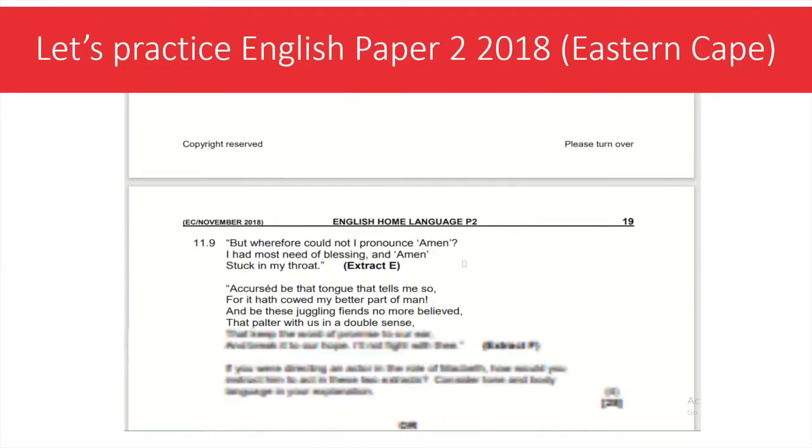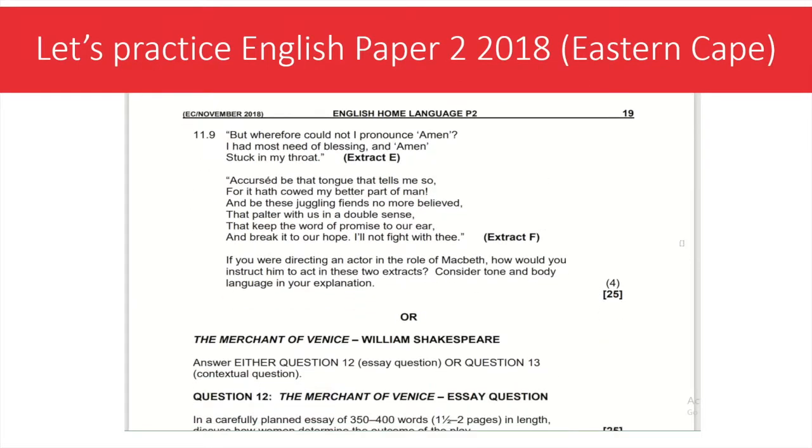Let's look at 11.9, our last question over here, and a 4-mark question. So we have an extract from extract E and from extract F. Now, if you were directing an actor in the role of Macbeth, how would you instruct him to act in these 2 extracts? Consider tone and body language in your explanation.